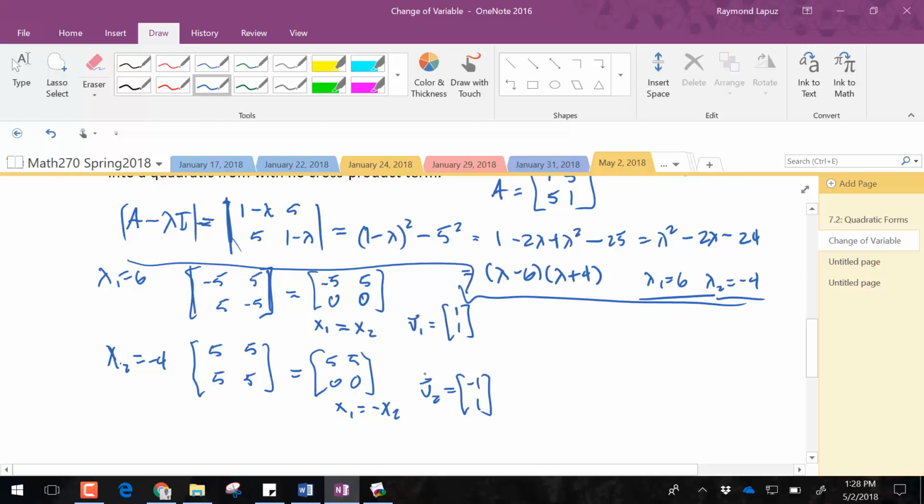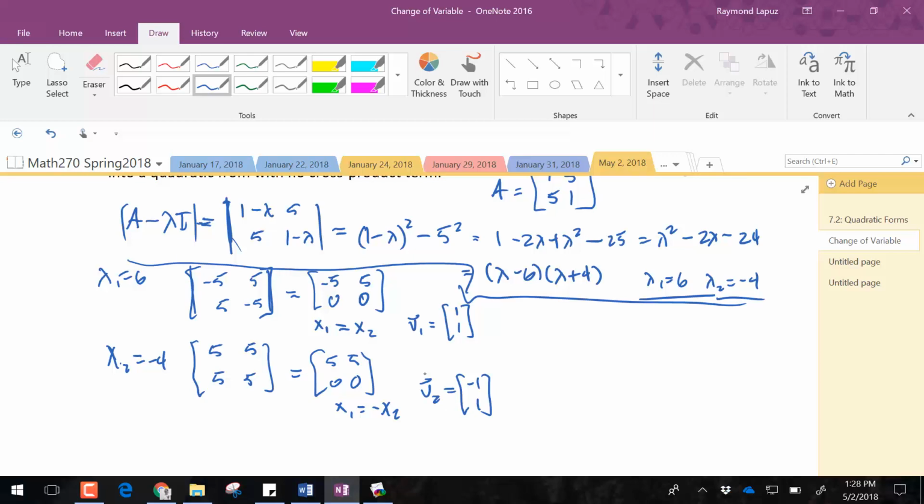It doesn't matter which one's negative, but one of them is negative from the other. So this is nice. If you dot them, they're orthogonal. That was one of the theorems: eigenvectors from different eigenvalues will automatically be orthogonal.